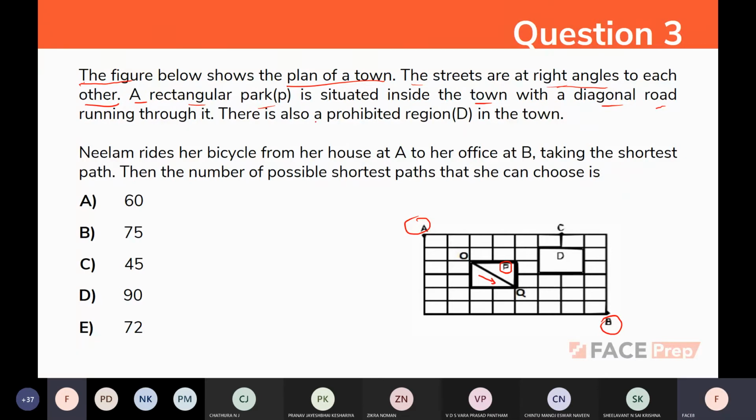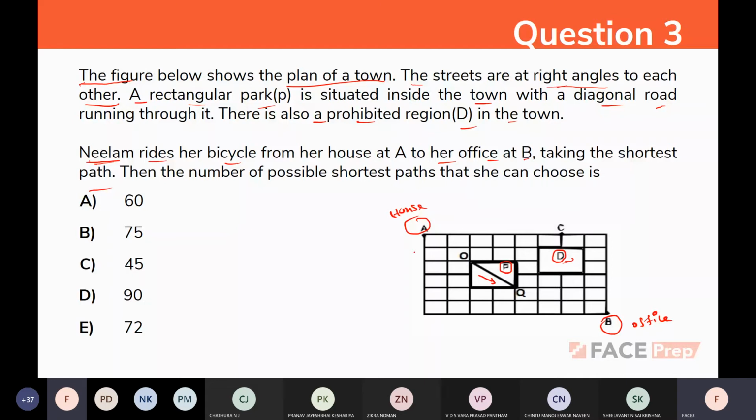There is also a prohibited region D in the town. So here, this is a prohibited region. We consider this in the formula. So what is the main case? Neelam, a girl, rides her bike from her house at A to her office at B. Taking the shortest path, we need to find the number of possible shortest paths she can choose.